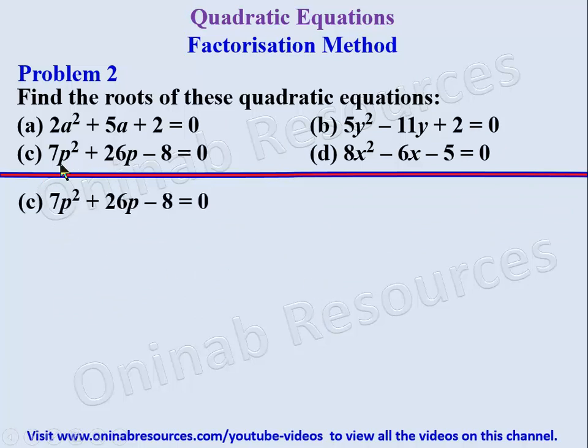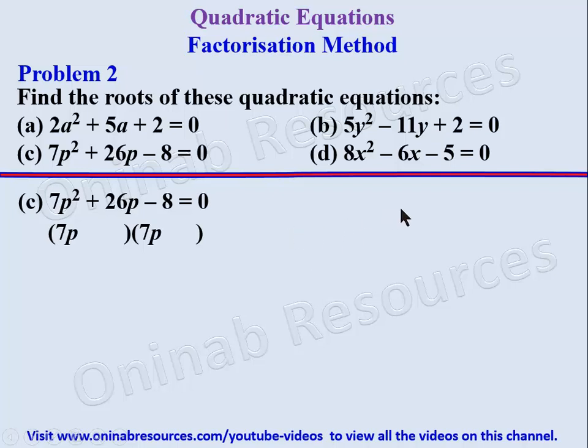For problem 2c, I have 7p squared plus 26p minus 8 is equal to 0. Again, we are looking at 7p in our brackets. So we have 7p in the first bracket, 7p in the second bracket. The constant term here is negative 8, and the coefficient of p squared here is 7. So 7 times negative 8 will give us negative 56.